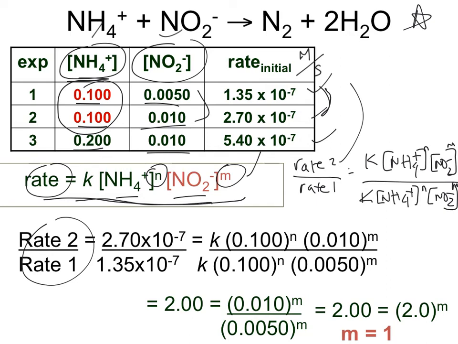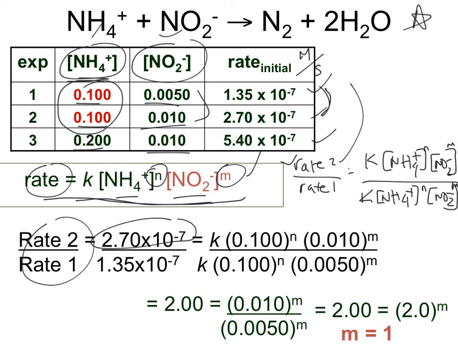Notice for rate 2, we're plugging in the 2.7 times 10 to the negative 7th, and for rate 1, we are plugging in the 1.35 times 10 to the negative 7. So that's being plugged in here and here. We have our K's. Now we're plugging in the concentration of our NH4 plus, the 0.1 and the 0.1 respectively.